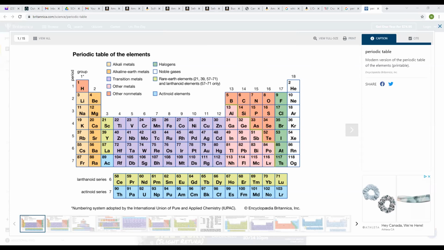Yeah, exactly. By looking at the group numbers, we can determine each atom's number of valence electrons. And the periods in the periodic table tell you the number of shells that the atom has.